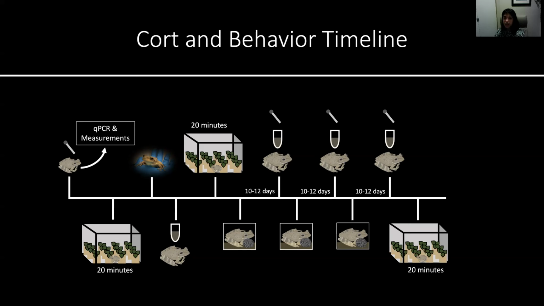And then also we conducted our very last behavioral assay that happened post-exposure to their treatment groups. And we did qPCRs and ELISAs to determine our BD loads and our CORT measurements.